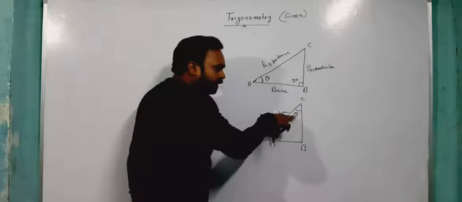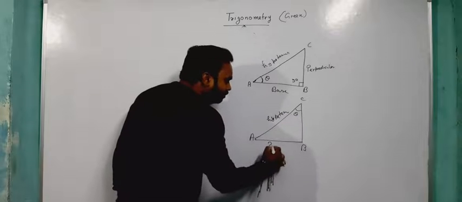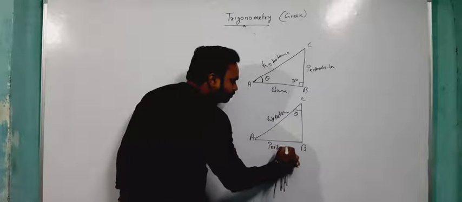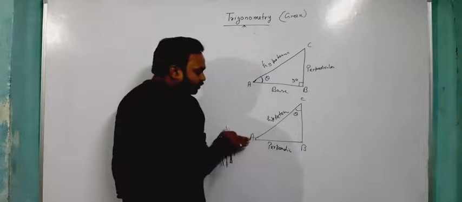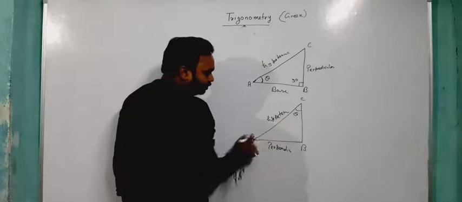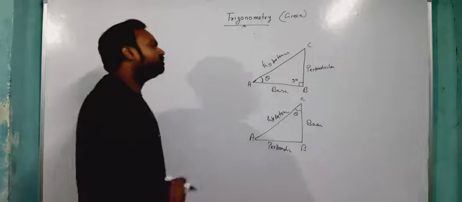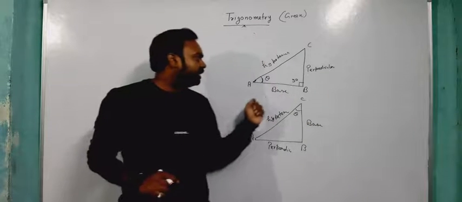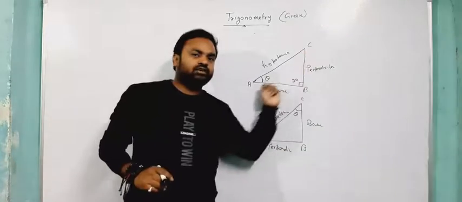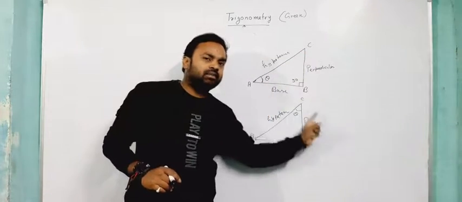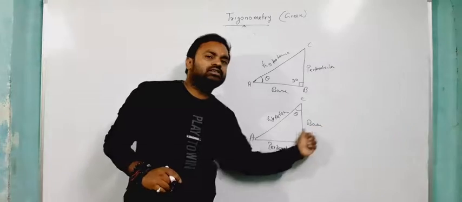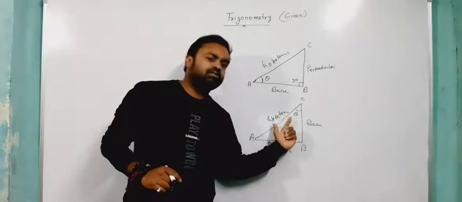Opposite to the angle will be perpendicular, and opposite to the next angle will be base. So if you are changing the angle, perpendicular and base will change, but hypotenuse will be the same.